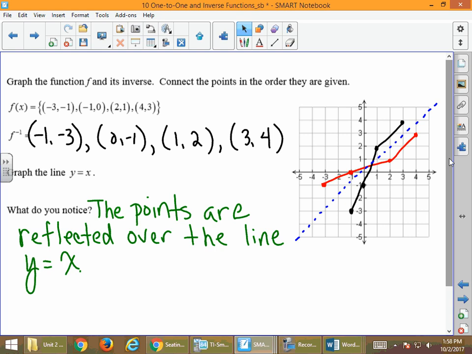When we fold it along the blue line, that -1, -3 would end up to be -3, -1. Or the point 0, -1, when we folded, would land over here at -1, 0. Or 2, 1 would land on 1, 2, and so forth. That's the reflection. Folded along the dotted line, the black graph lands on the red graph, or the red graph lands on the black graph.